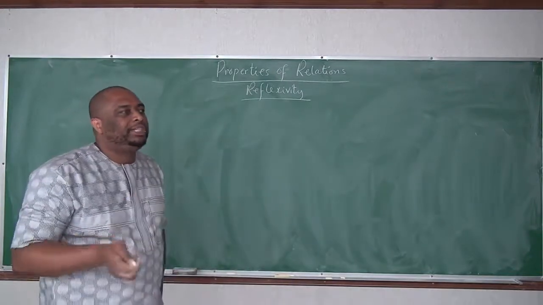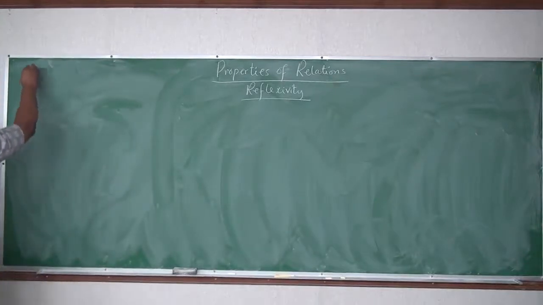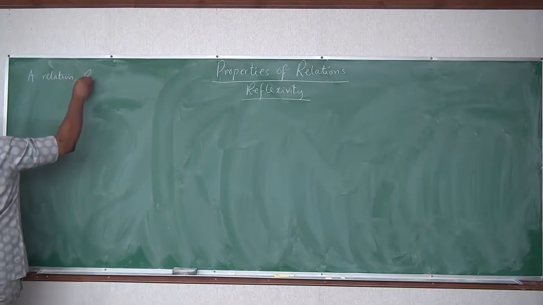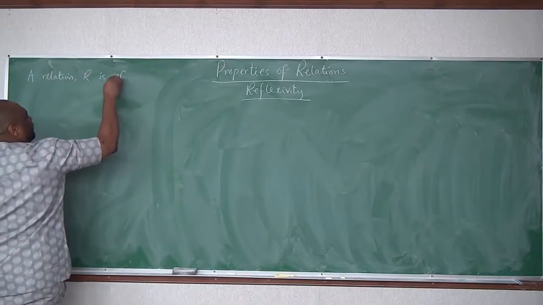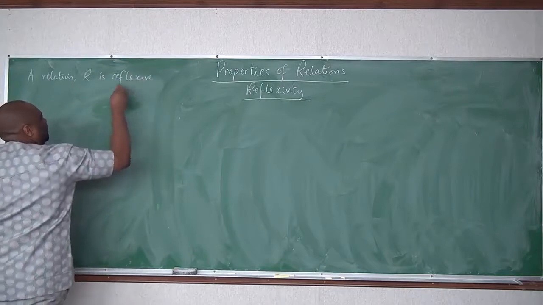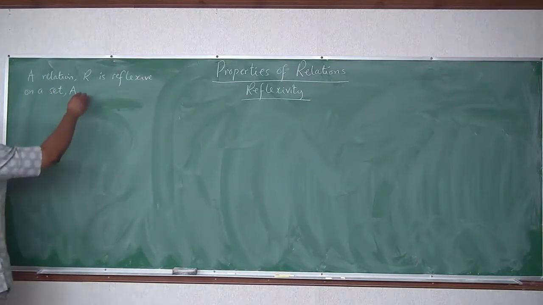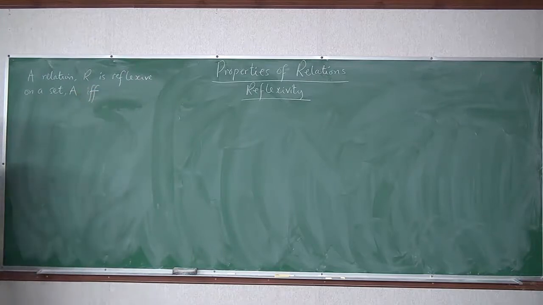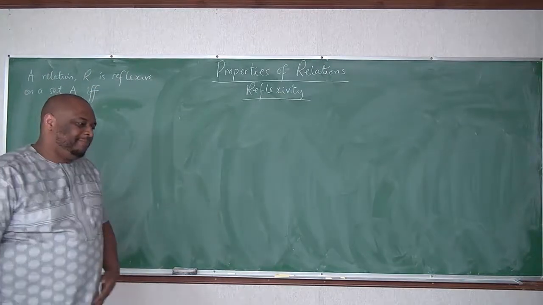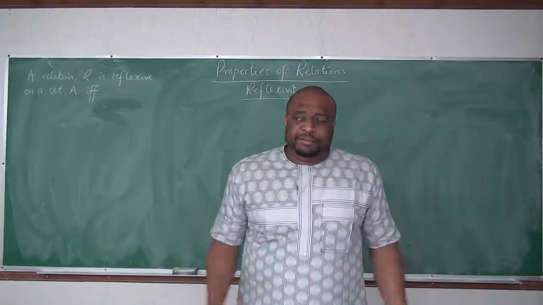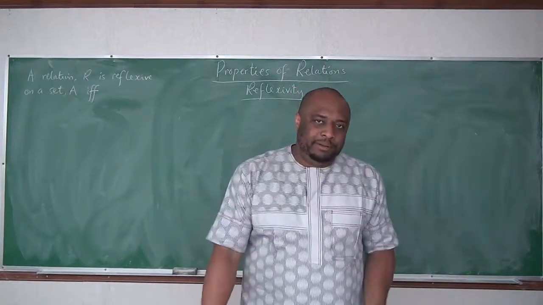So we say that a relation R is reflexive on a set A if and only if. Some textbooks will write IFF, which means if and only if. Some textbooks might just say if.